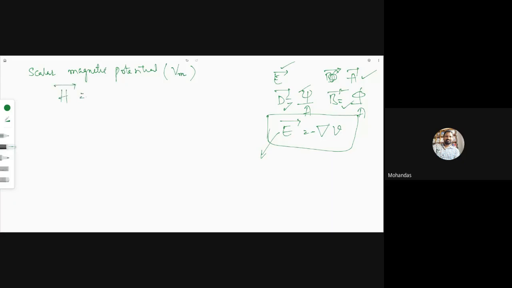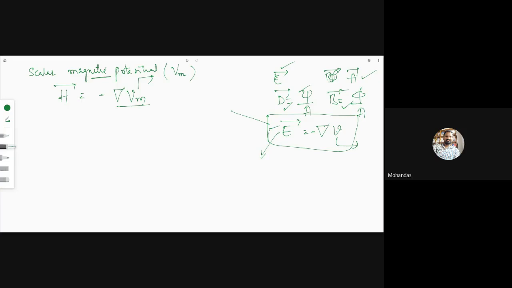H equal to minus del Vm. Why? Because E equal to minus del V, where V is electric potential, which is a scalar quantity, and Vm is also a scalar potential, but in the magnetic field. So from this equation, we can directly write H equal to minus del Vm.